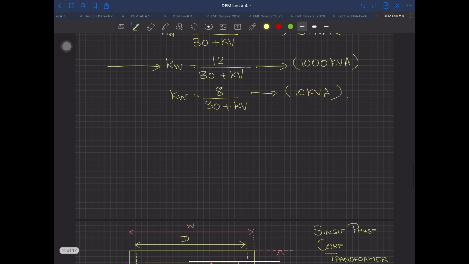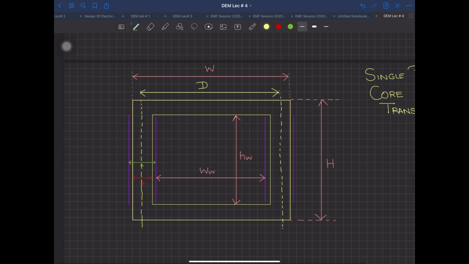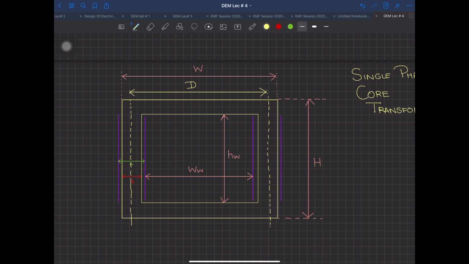Now that window space factor is coming from this single phase core dimension over here. Now if I have this one, let me complete this one.